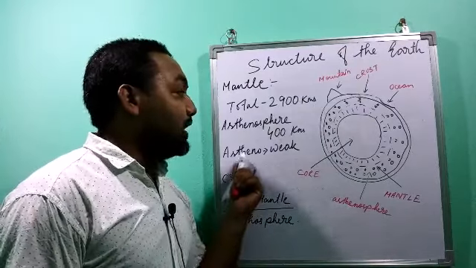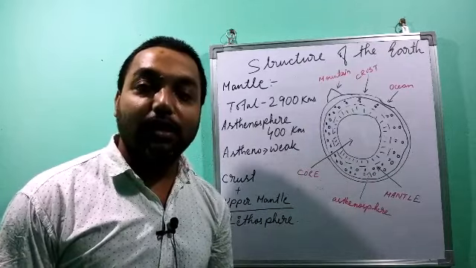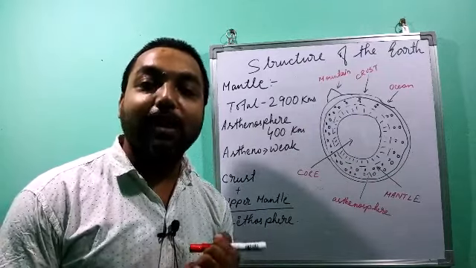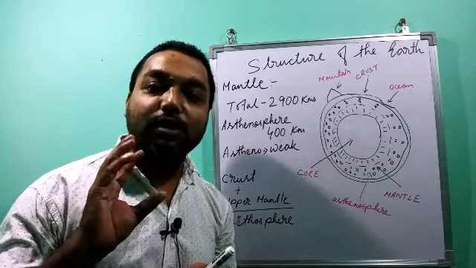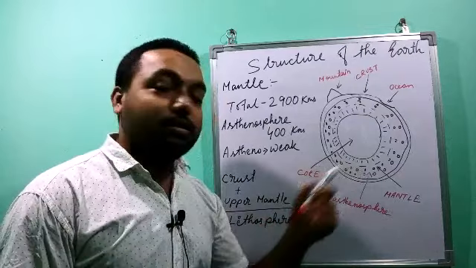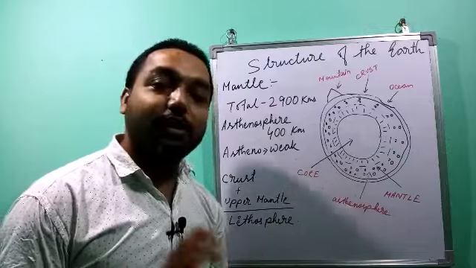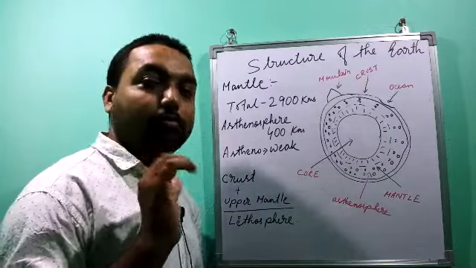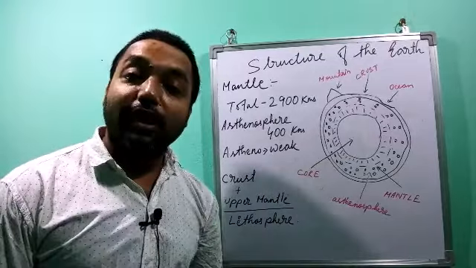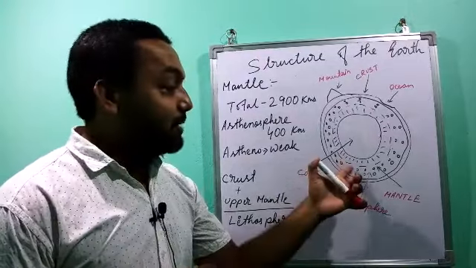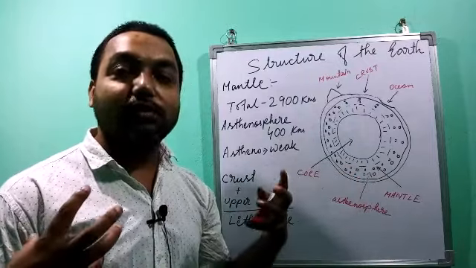The word asthenos means weak, because in the asthenosphere mostly magma is present, and it is very molten material, so the portion is very weak. From that the term asthenosphere has come. During a volcanic eruption, this magma or molten material present in the asthenosphere comes out to the surface of the earth.